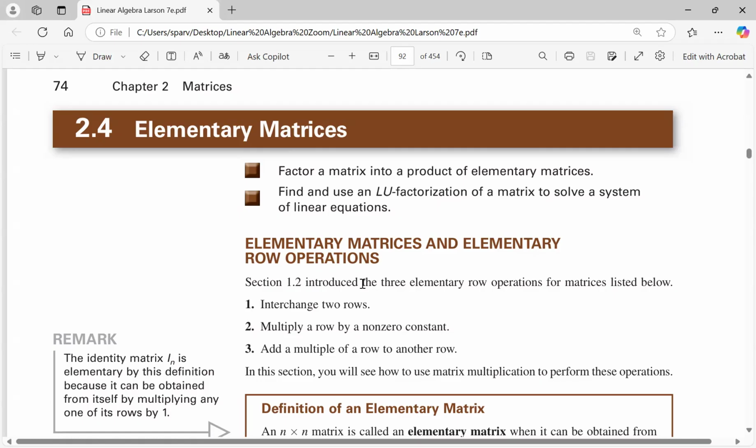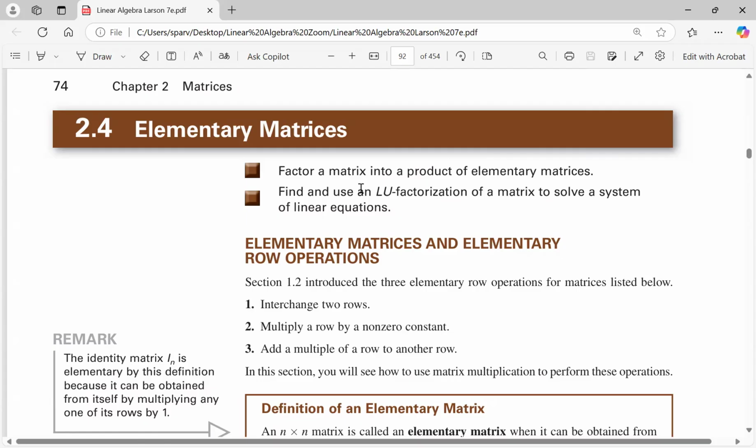In section 2.4, we're going to talk about elementary matrices, and the objective here is simple. I'm just reading it: we want to factor the matrix into a product of what we call elementary matrices. You'll see a formal definition of elementary matrix in a moment.